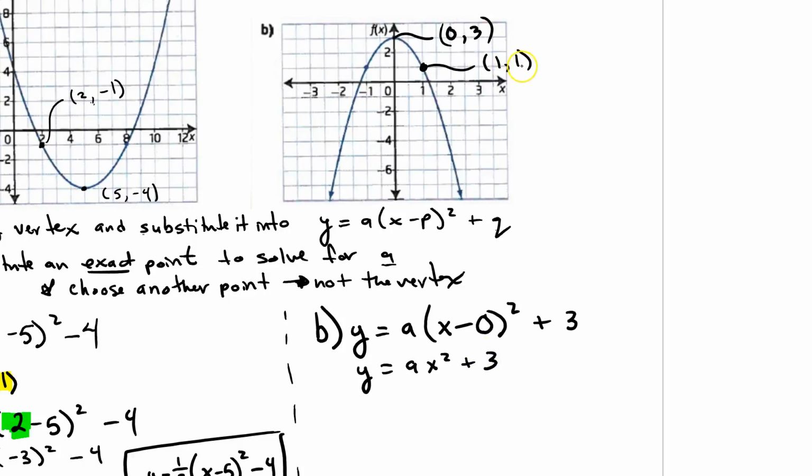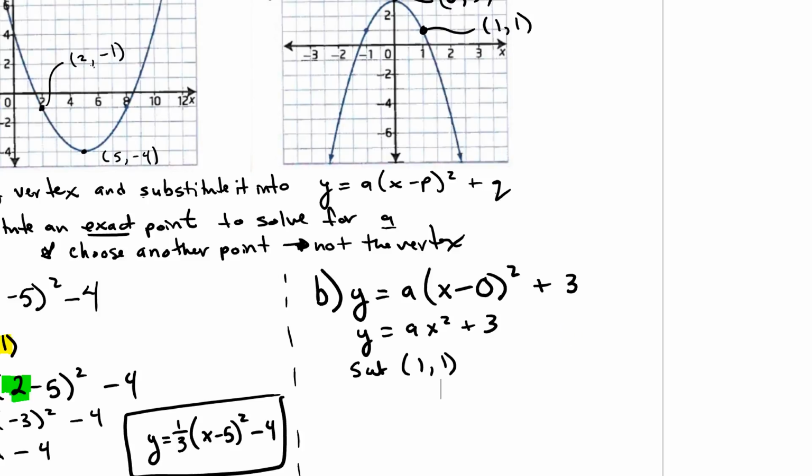I'm going to substitute in the point 1, 1, because that's a known point on our parabola. So I'm going to say 1 equals a times 1 squared plus 3, and I'm going to use those sweet colors because they're helpful.